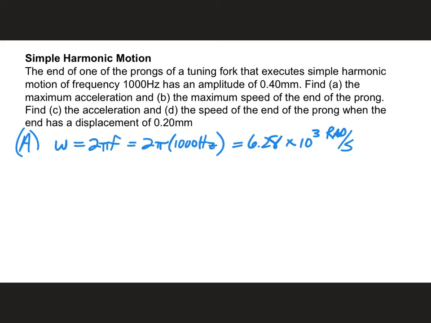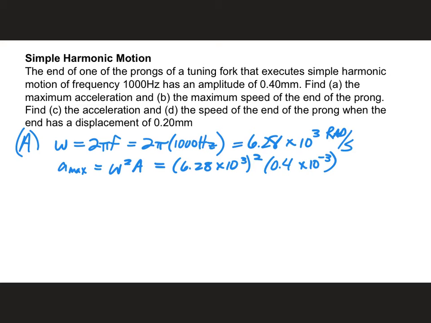And we already saw that max acceleration is given by omega squared times amplitude. So square the number we just obtained, and the amplitude of 0.4 millimeters, and again it's got to be in meters, okay?